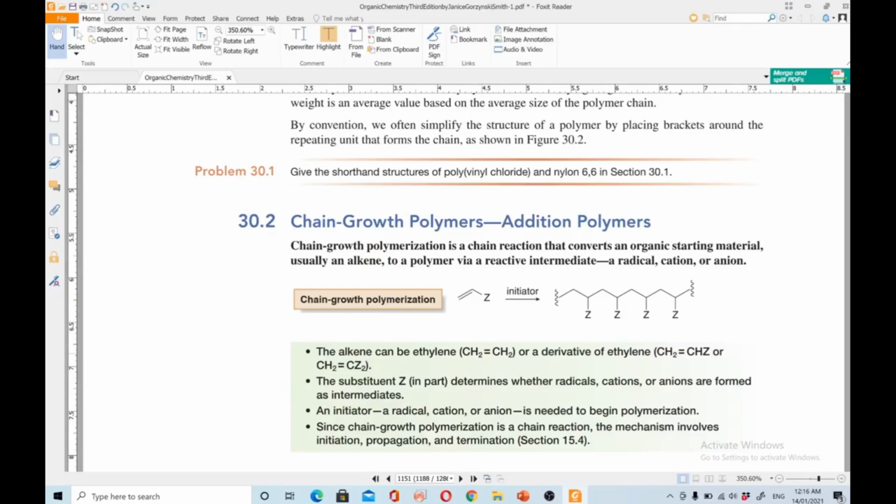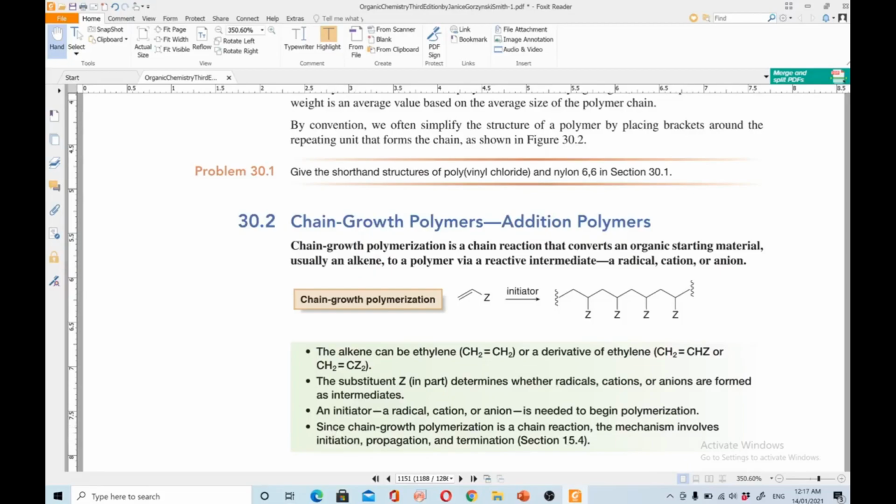The alkene can be ethylene or a derivative of ethylene. The substituent Z in part determines whether radicals, cations or anions are formed as intermediates. So what sort of intermediate will be formed depends upon which sort of substituent is attached, and that is the Z. An initiator, a radical, cation or anion, is needed to begin polymerization.